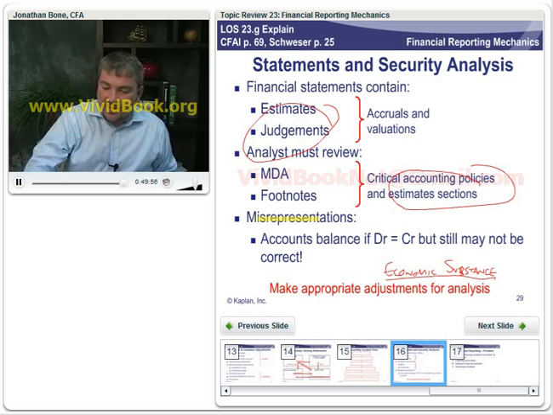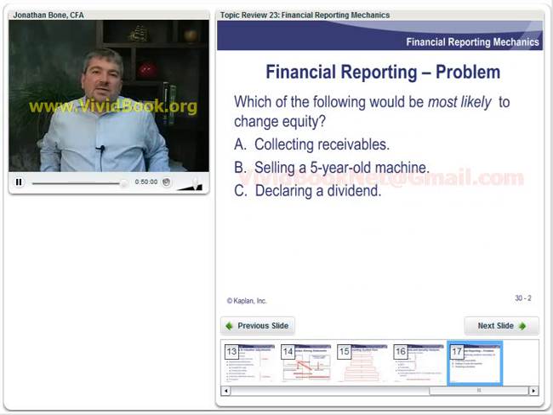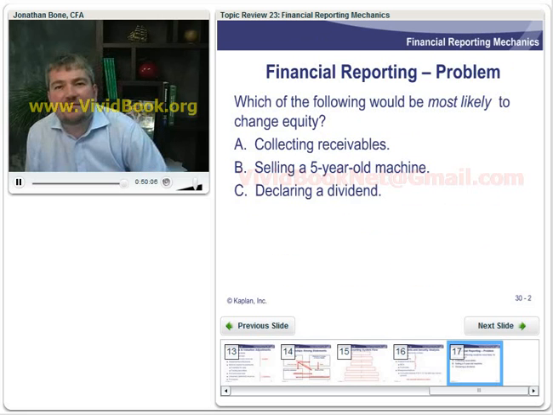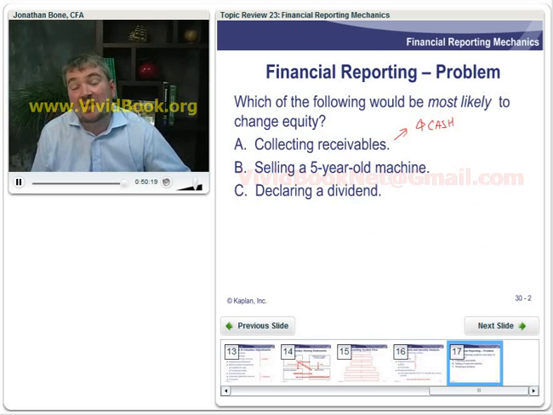Okay, let's have a quick look at a financial reporting problem. So, which of the following would most likely change our stockholders' equity? Collecting our accounts receivables. Well, let's think about the double entry there. If we collect accounts receivable, up goes cash, down goes accounts receivable, which are both assets. So up goes an asset, down goes an asset. Nothing happens.